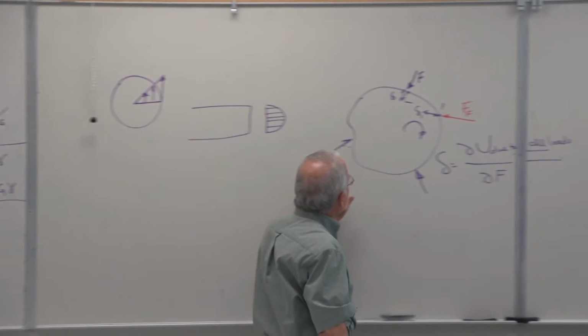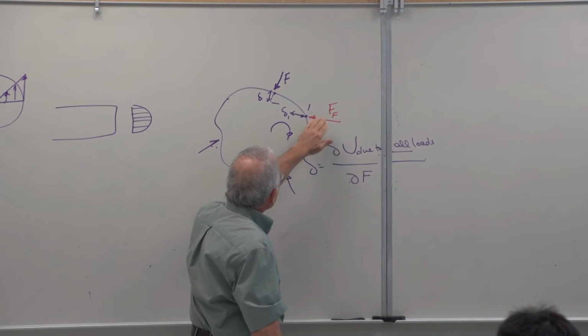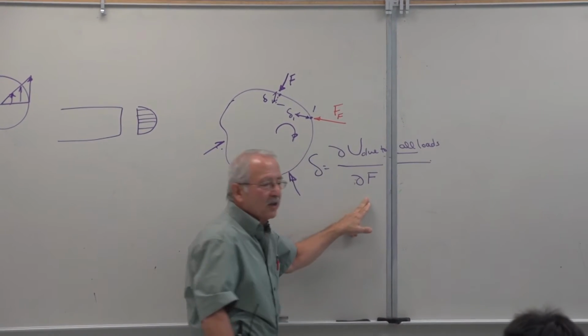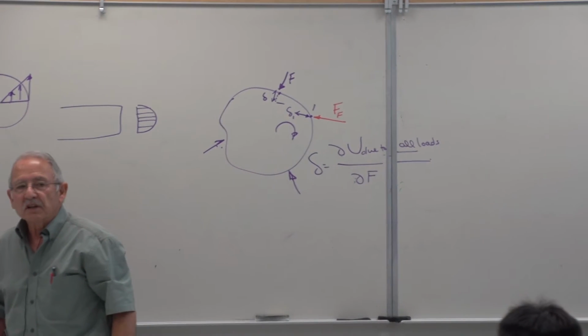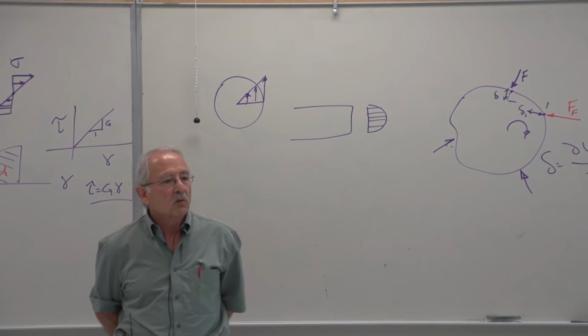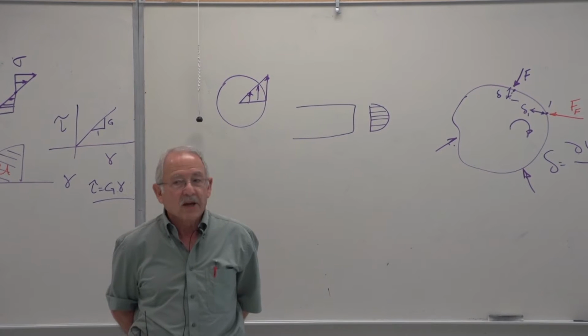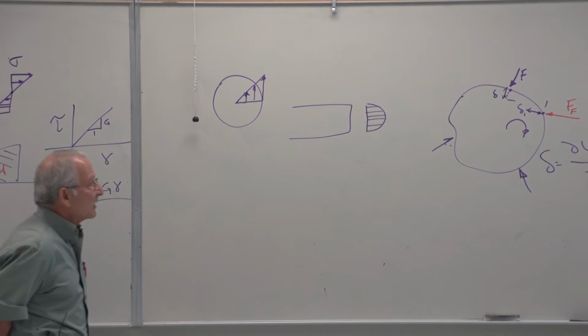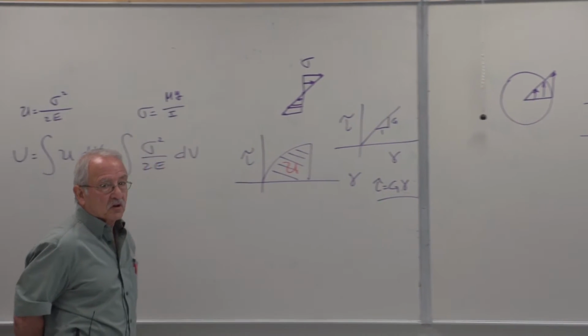So we find strain energy due to all loads, including FF. We take the partial with respect to FF, and once we do that, we set the value of FF equal to 0. That way we'll find the deflection delta 1 in the direction of that force called the fictitious force.